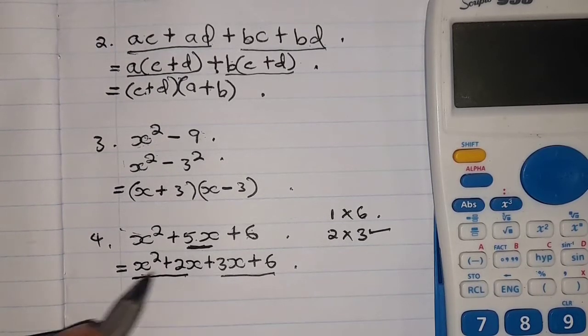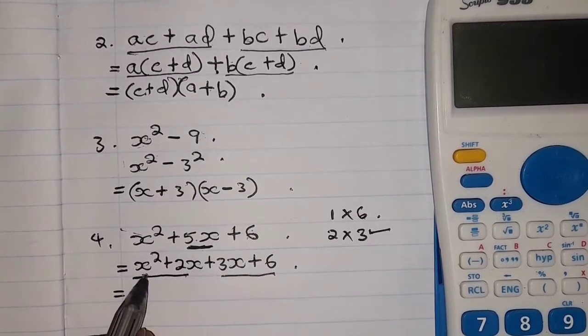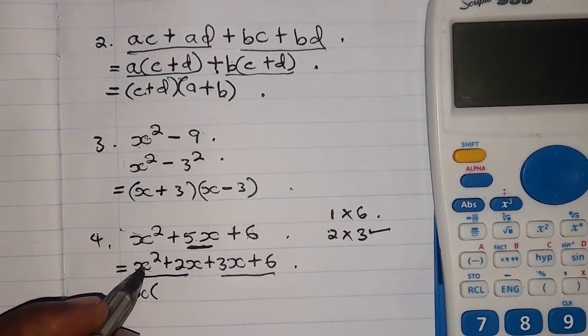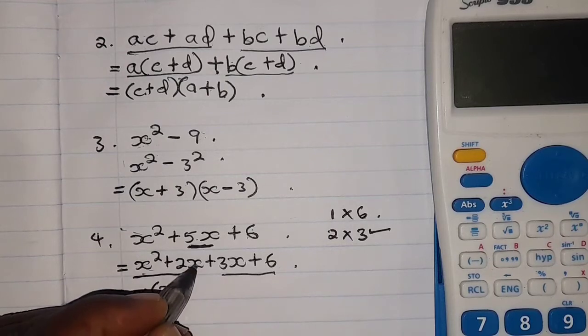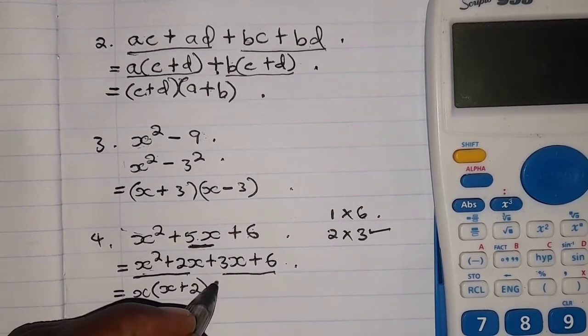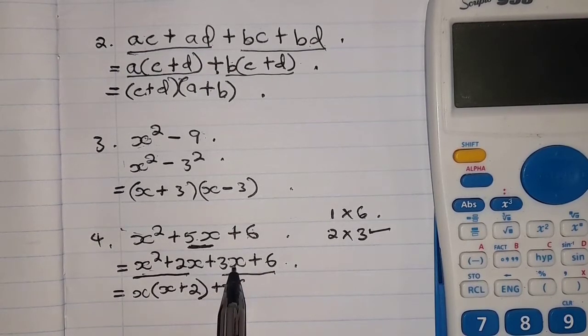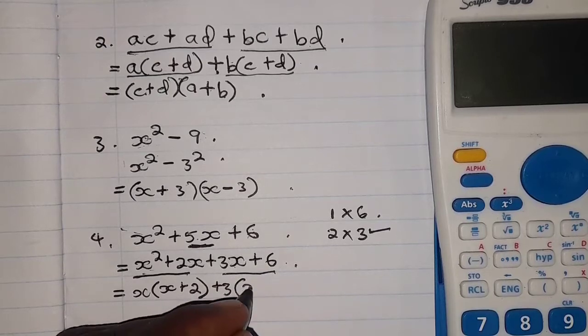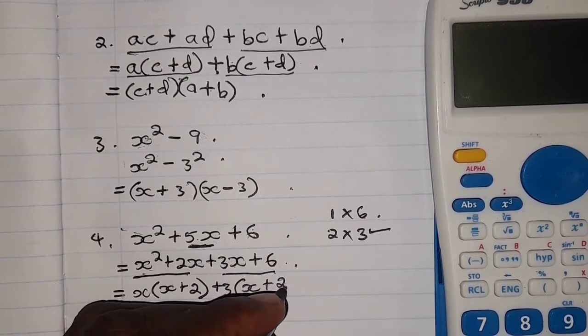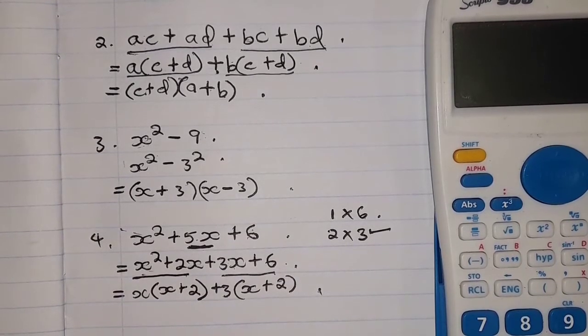Now, factoring out from the first two, we have an x which is common here, so it's x bracket. We are left with an x here, and we are left with a 2 here. And from these two, the common factor is 3. Bracket, from 3x remove 3, we are left with an x plus, and 3 goes into 6 how many times? 2 times.